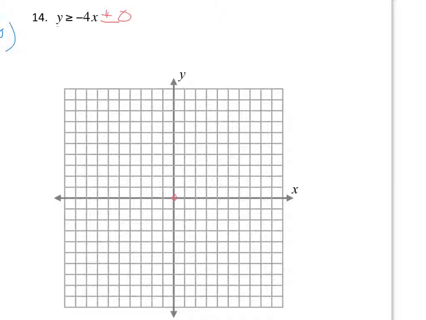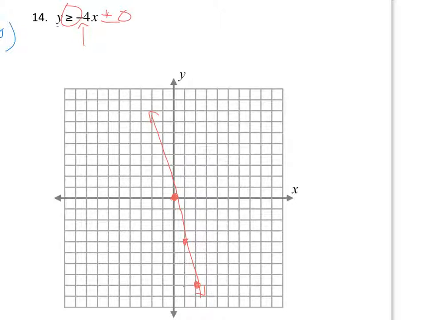It might help you see that 0 is the y-intercept. The slope is still right in front of the x there. It's -4. 1, 2, 3, 4, down 4 over 1. The line is solid because my symbol had the line underneath it.